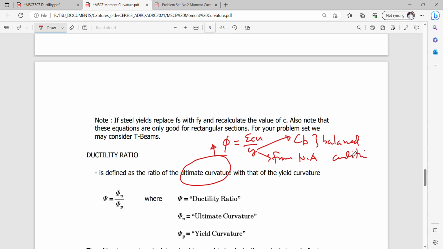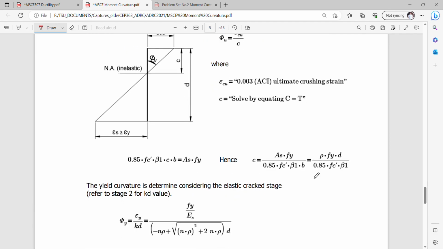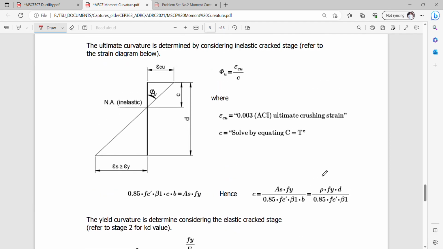Okay, so if we now take a look here, C is defined in terms of this. So this is simply in terms of 0.003, our ultimate crushing strain. This can actually change depending upon the code you want to use.